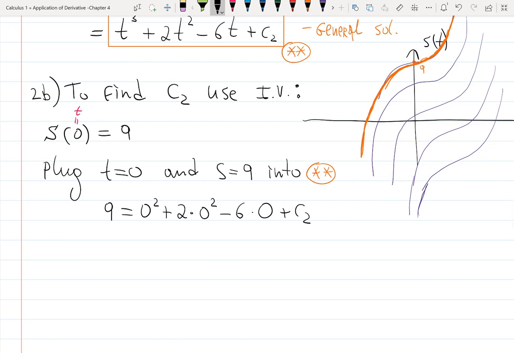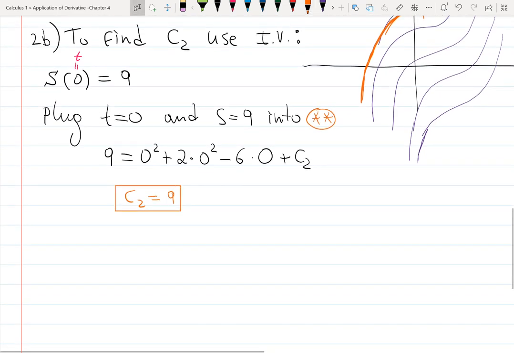And again, just by a coincidence for this particular case, c2 happened to be 9. That's not the general rule. So don't skip the calculations. You actually have to calculate it. But yes, it did match again with the initial value. Then I can write down the formula.